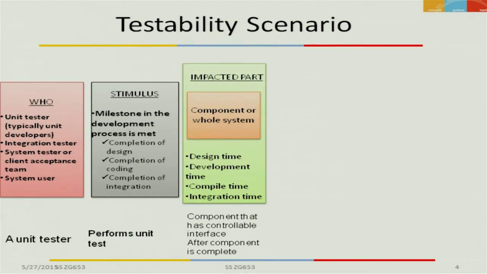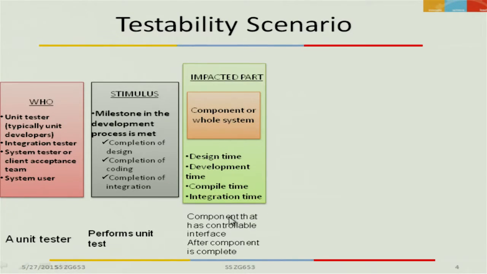Now if we look at the example here, this unit test is done on a component, and this component has a controllable interface, and it is done when the component coding is complete.